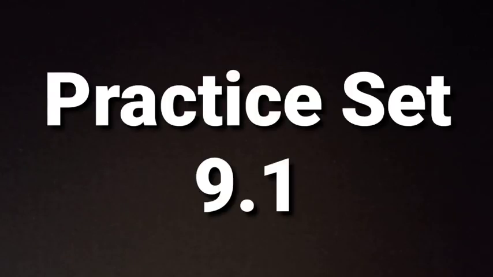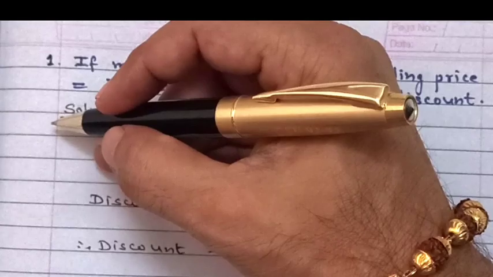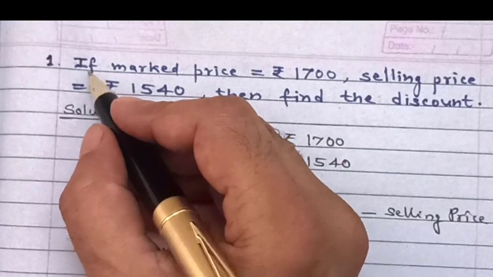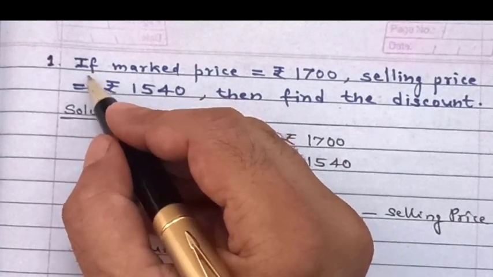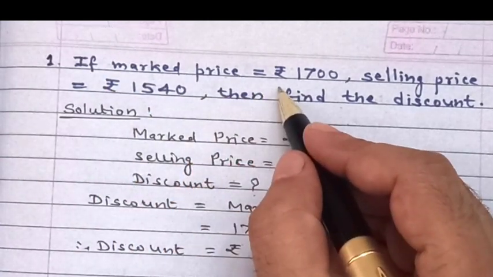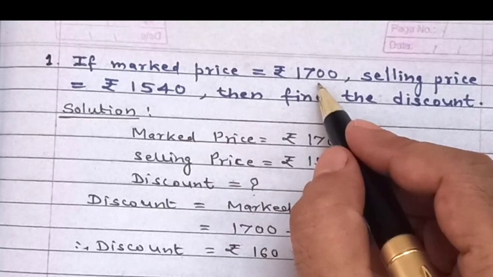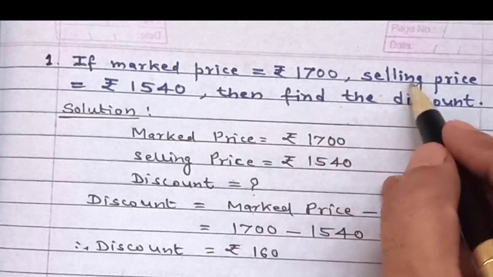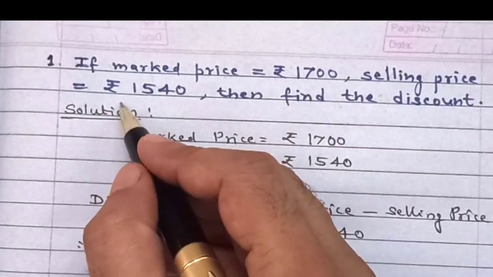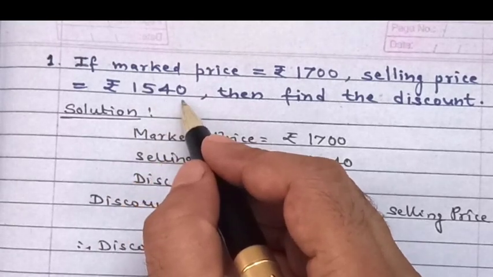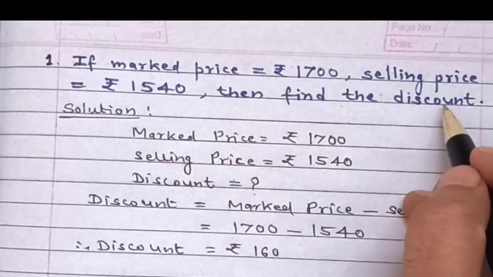Now let's begin practice set 9.1 from textbook page number 55. Question number 1. If mark price is equal to rupees 1700, selling price is equal to rupees 1540, then find the discount.